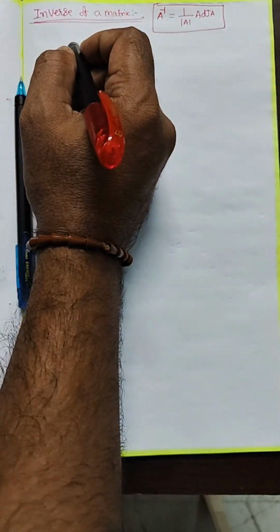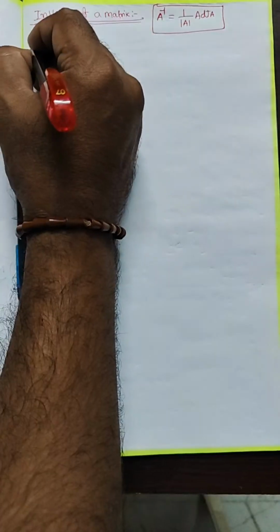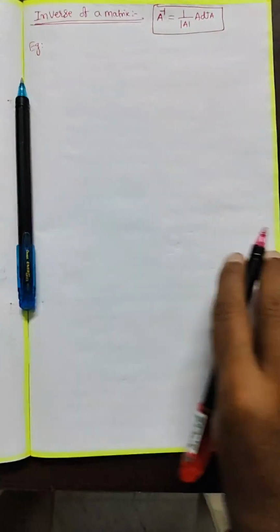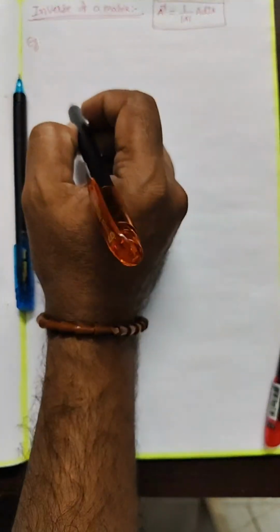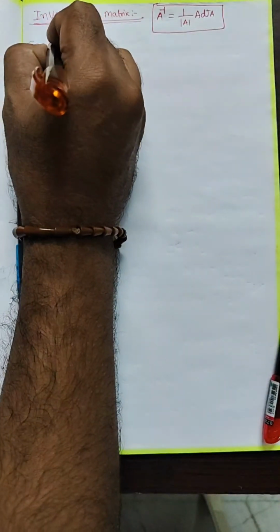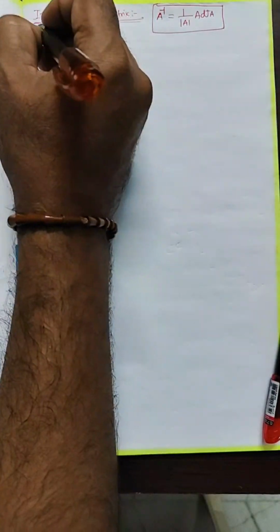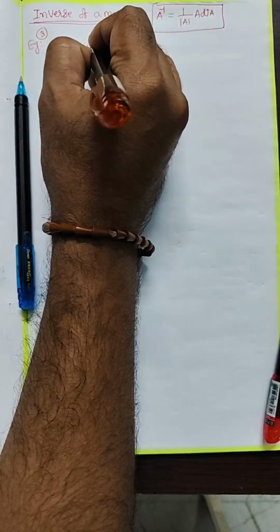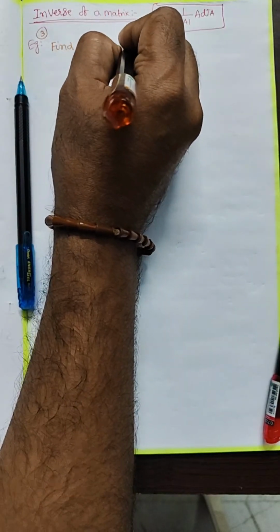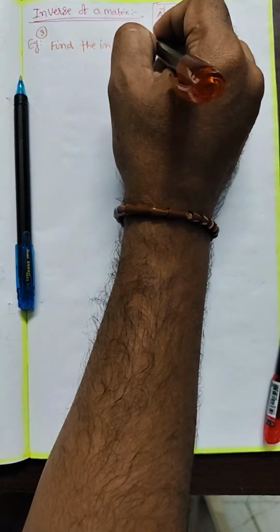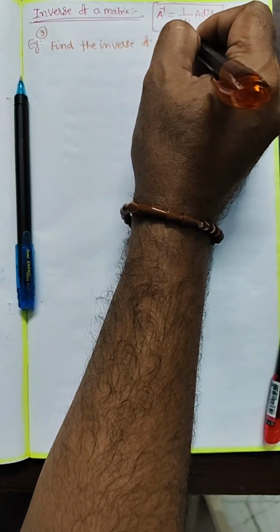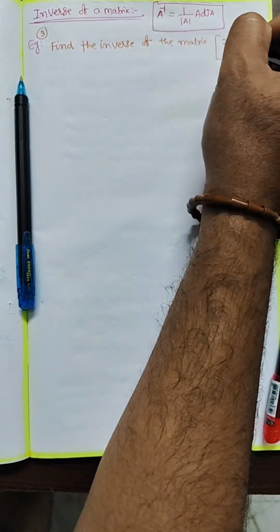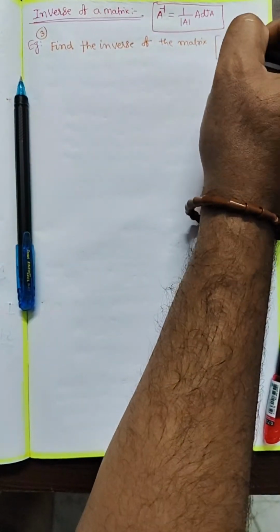For example, and exercise problems, so we will take them now. Question number 3, dear students. Find the inverse of the matrix 2, minus 2, 4, 3.